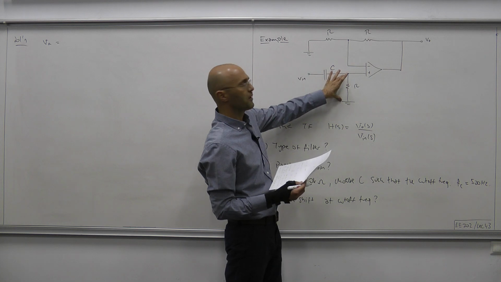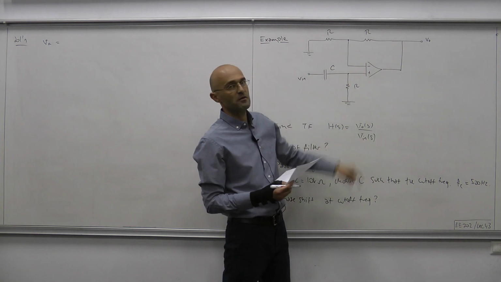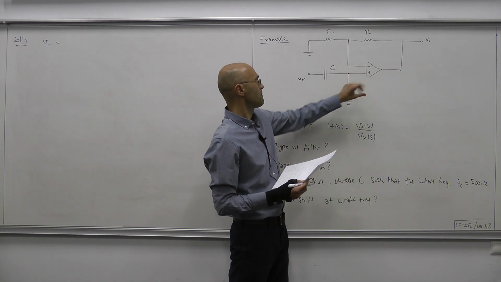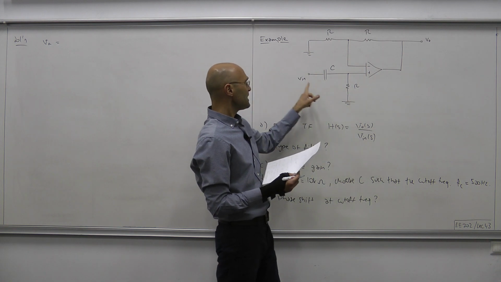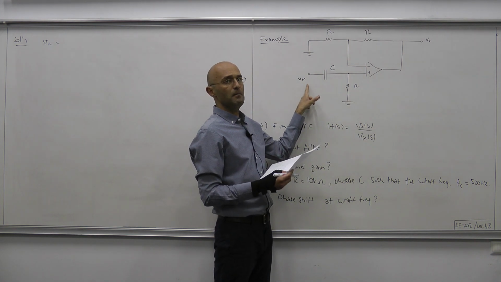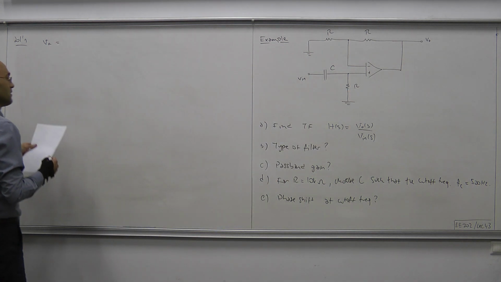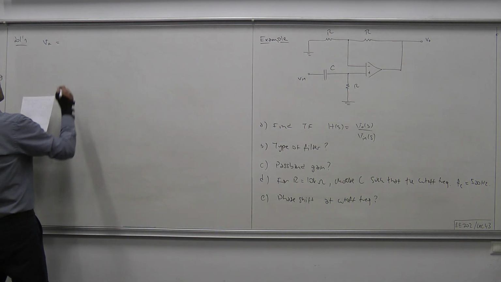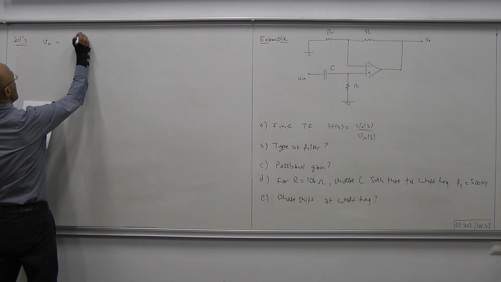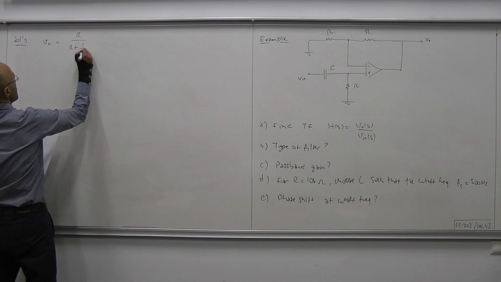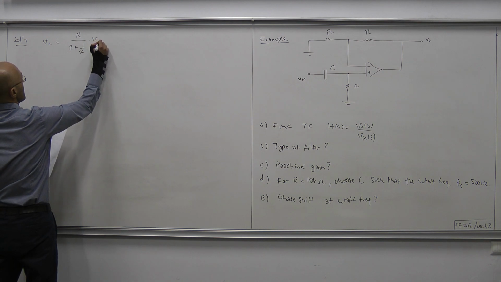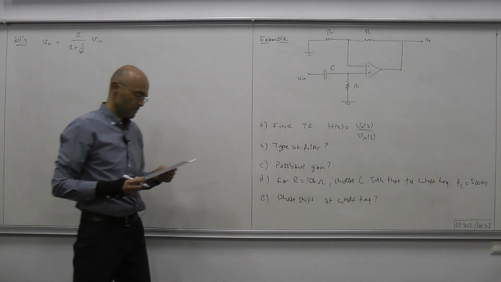Okay, the voltage appearing across the terminals of R, which is V plus, simply equals R over the impedance seen by the input, which is R plus 1 over SC, times the input voltage. So what we have therefore is V plus equals R over R plus 1 over SC times the input voltage.